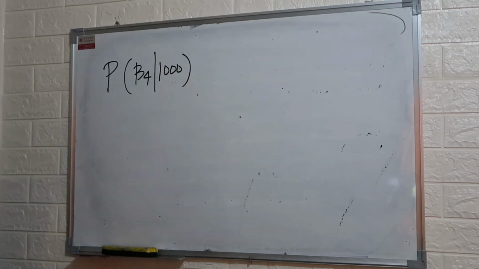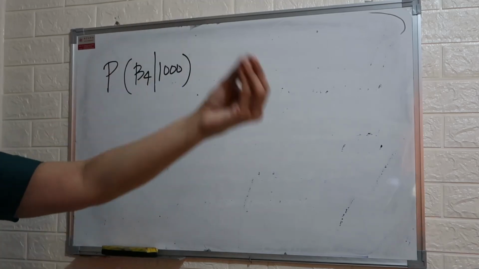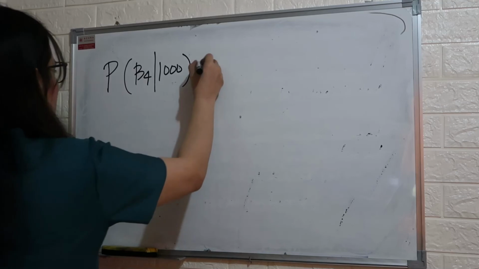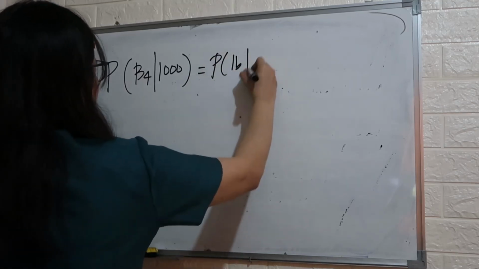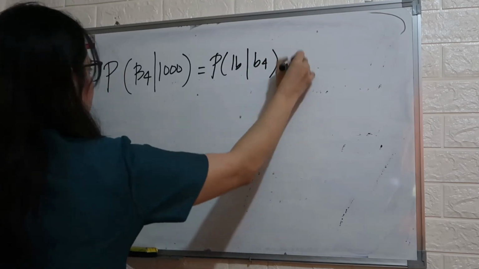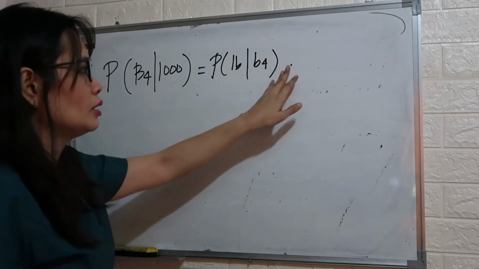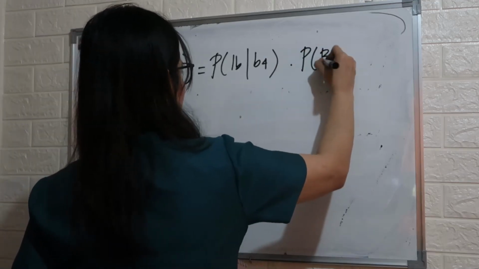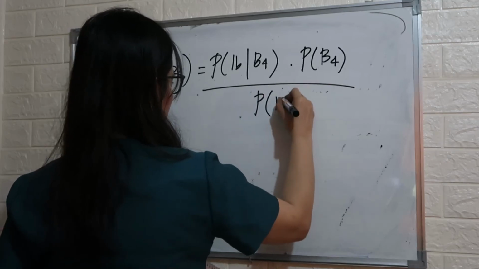That will be equal to the probability of the 1,000 bill given it's box 4, multiplied by the probability of choosing box 4, all over the probability of a 1,000 bill.